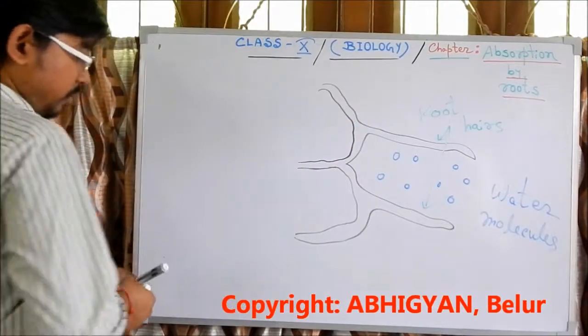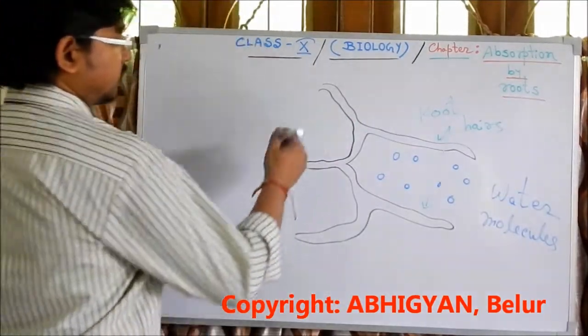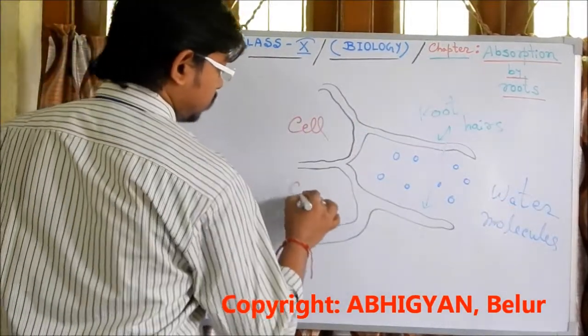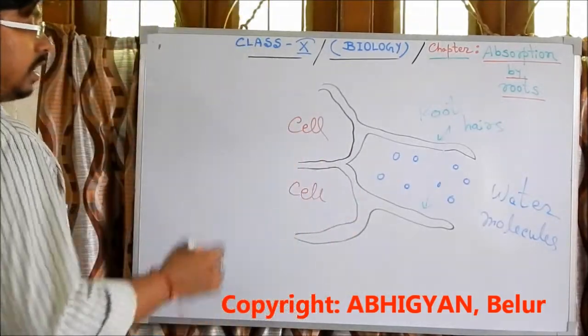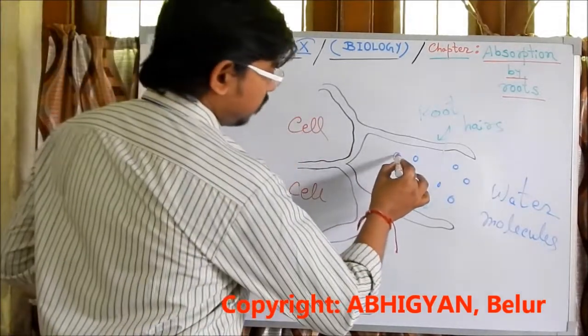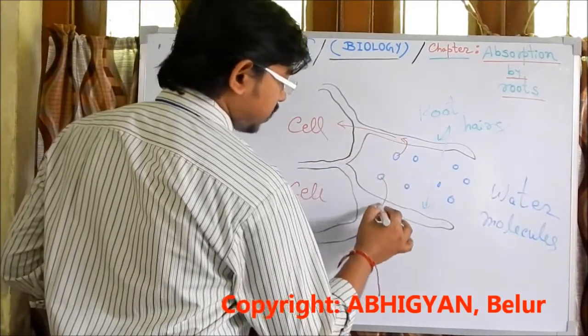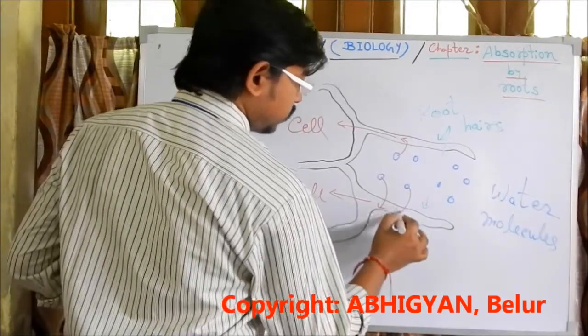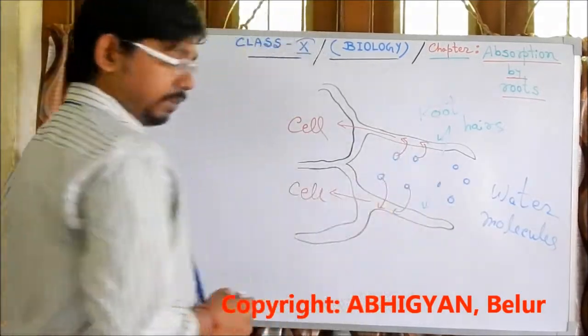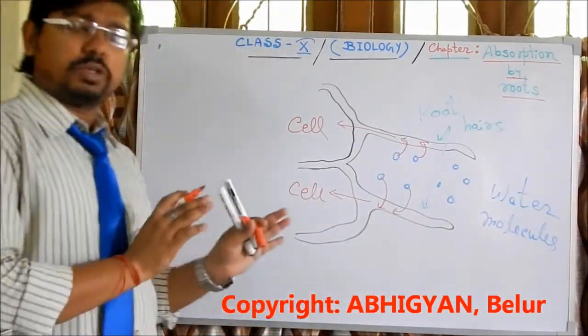Okay, now this is inside the cell, this is cell, this is also cell. From here the water molecules are going inside, then going towards the cell, like that. This is called absorption by roots.